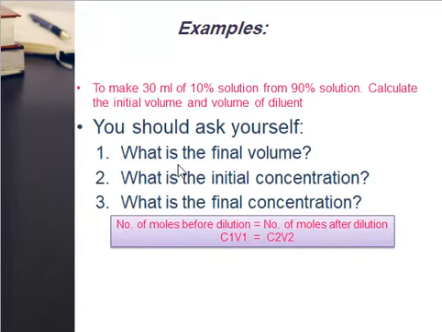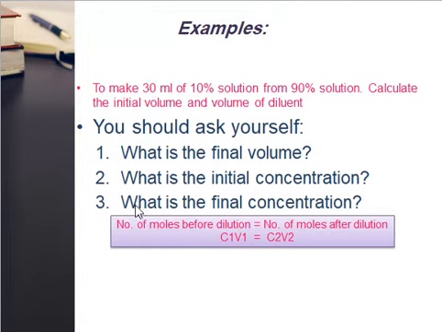Here is an example. To make 30 ml of 10% solution from 90% solution, calculate the initial volume and the volume of diluent. First, you should ask yourself, what is the final volume? The final volume usually comes after "to make". So we want to make finally 30 ml of solution, so the final volume is 30.